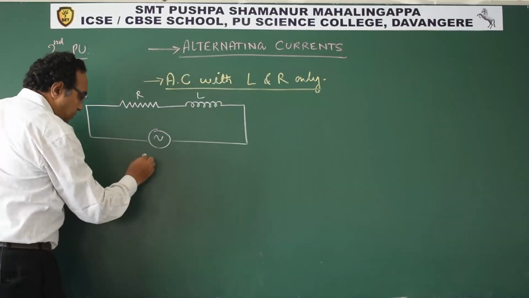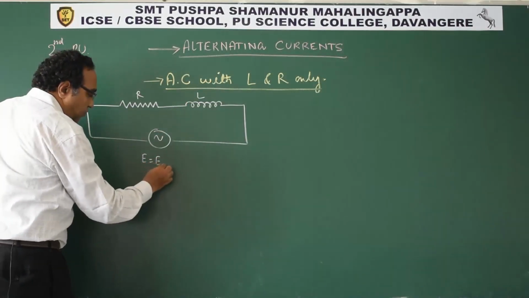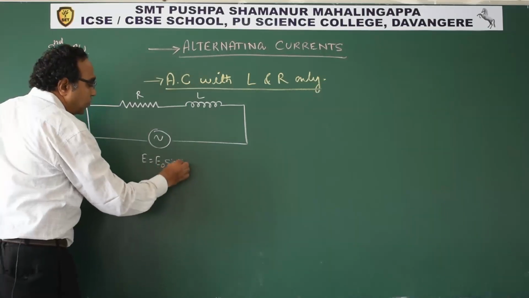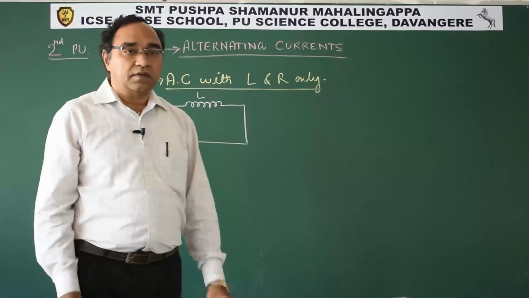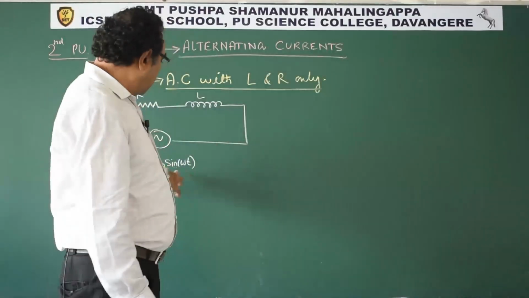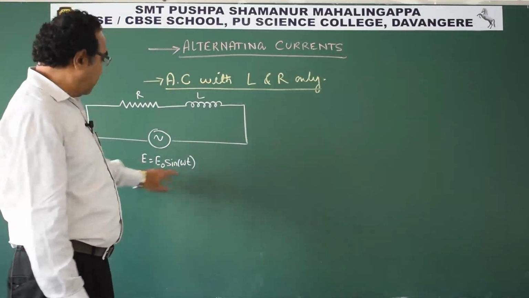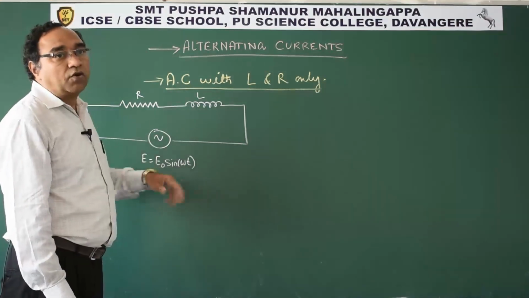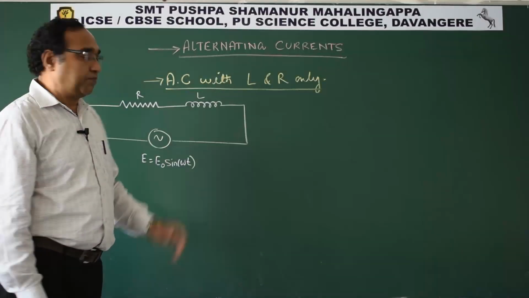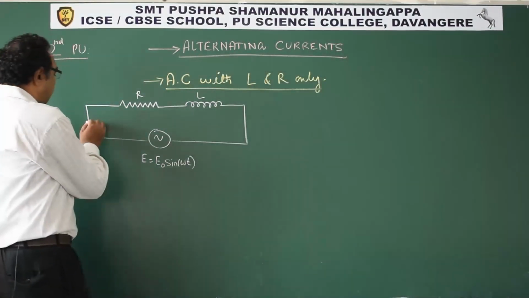So we have what? AC source, when we say, we know it is E is equal to E naught sine of omega t. This is the source property. Peak value is E naught, frequency is omega, or you can say normal frequency is f. So our aim is to find I.